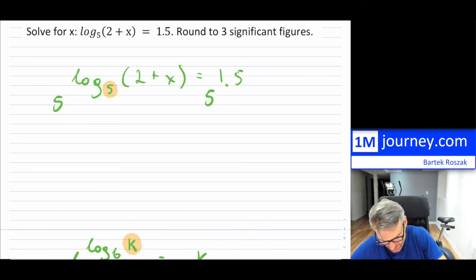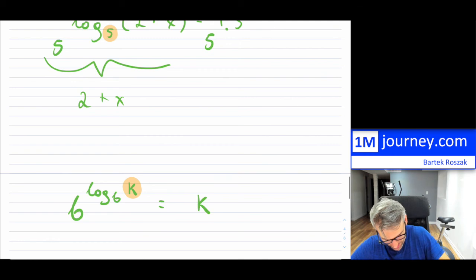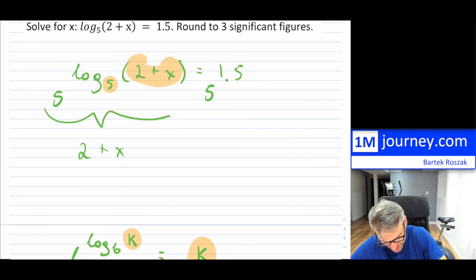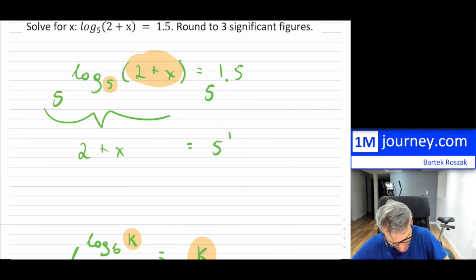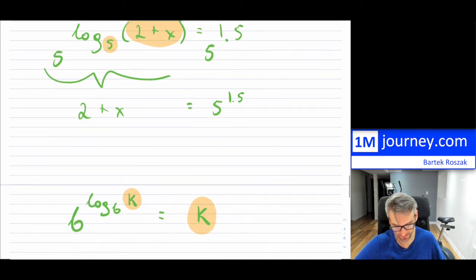Which means this right here is just equal to 2 plus x, which is exactly coming from that property, because my base is 5 and my exponent is log to the 5 of that base. And then here, equals 5 to the 1.5.